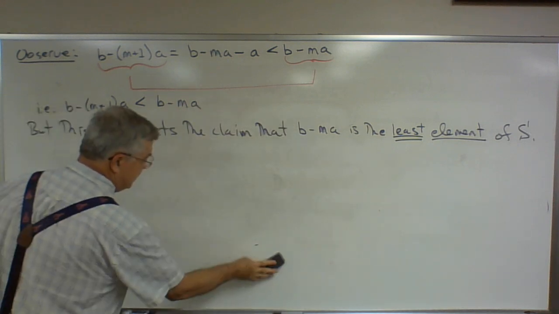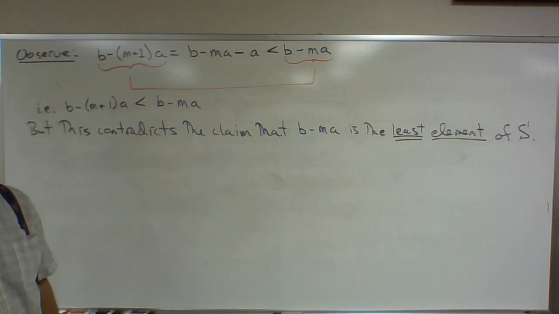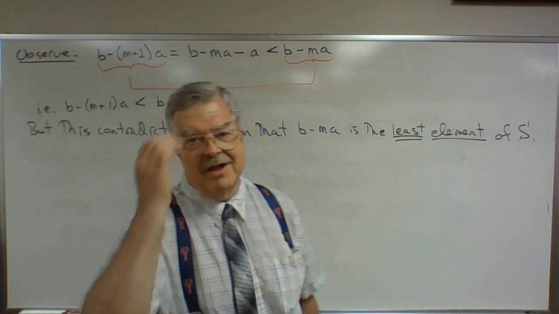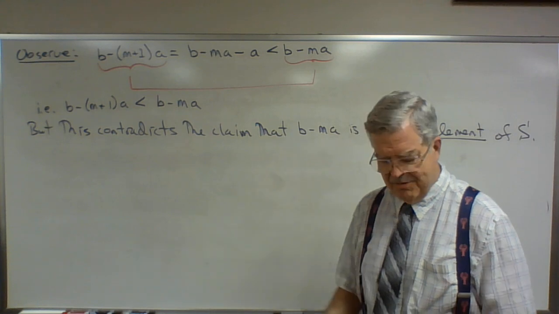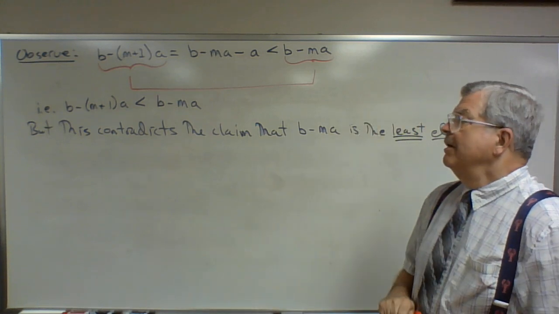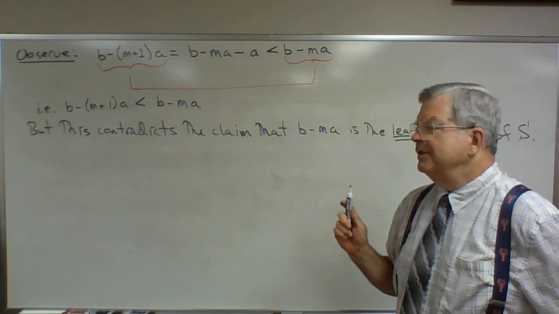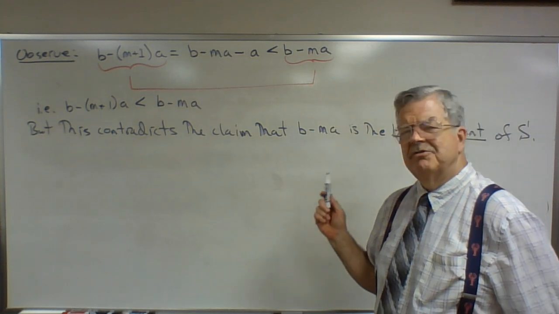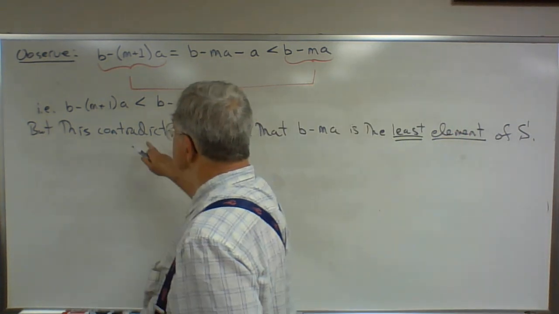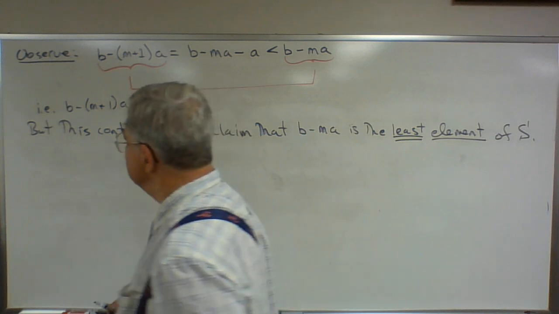Now, usually in a contradiction proof, we stop when we get the contradiction and say, okay, we proved it. But let's really shine some light on what's going on. What is it that caused this contradiction?